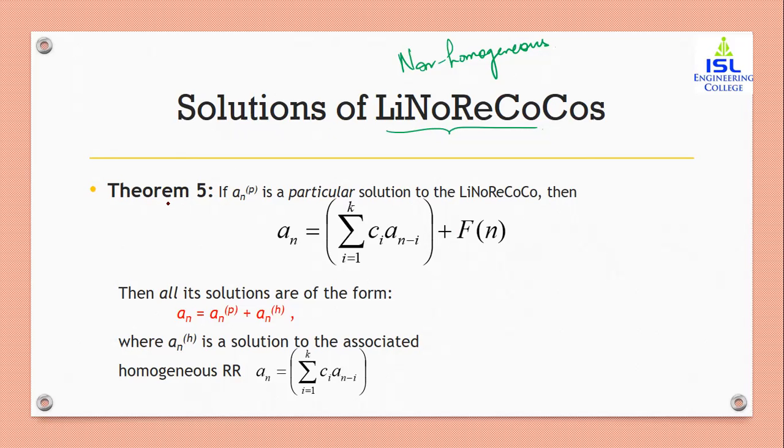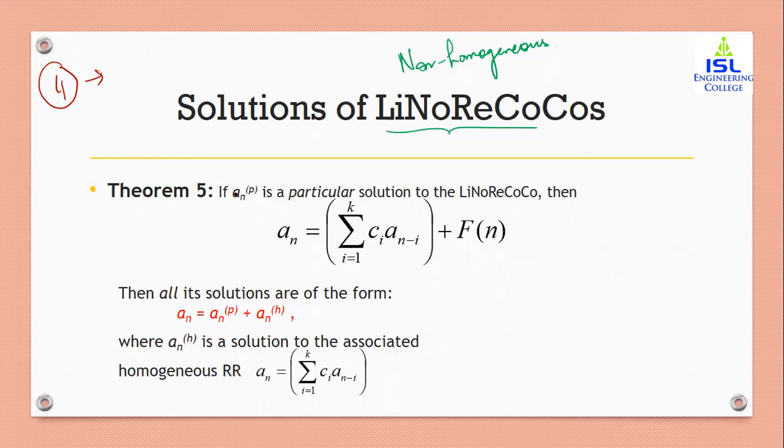So this is theorem 5. We'll be continuing with the same sequence. You have to remember that the first four theorems are for homogeneous and the fifth theorem is for non-homogeneous.